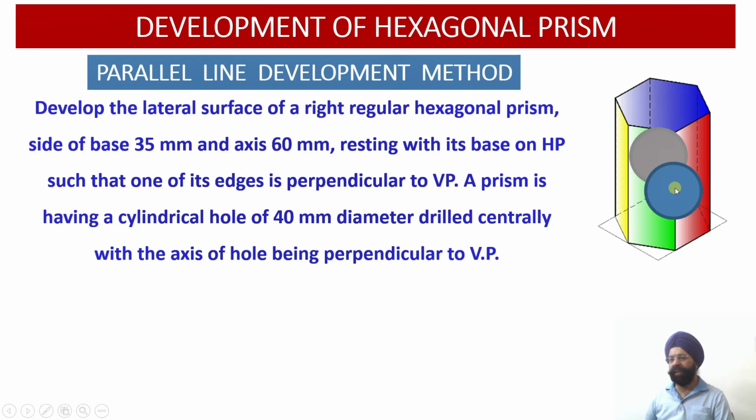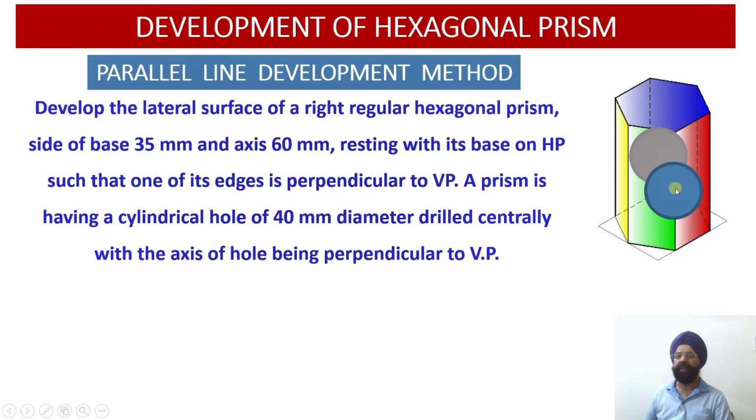The center of this hole will be lying on this vertical edge, that is, this longer edge is going to contain the center point of both the holes. Okay, so this is the way the hole has been drilled into this hexagonal prism.